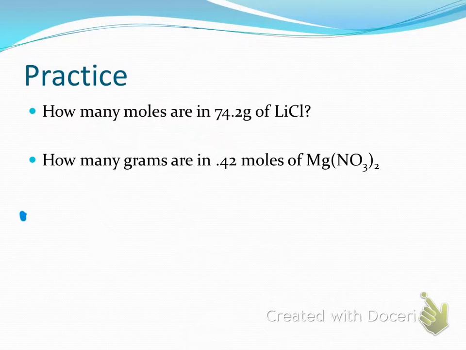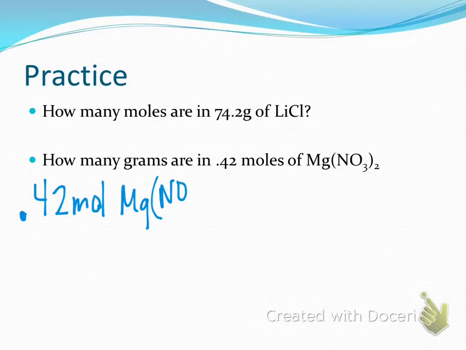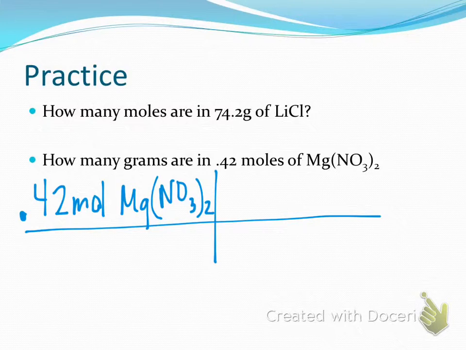Our first step in our T-chart is going to be to write what we know. And I want to get rid of what unit? I want to get rid of moles, and I want to go to grams.